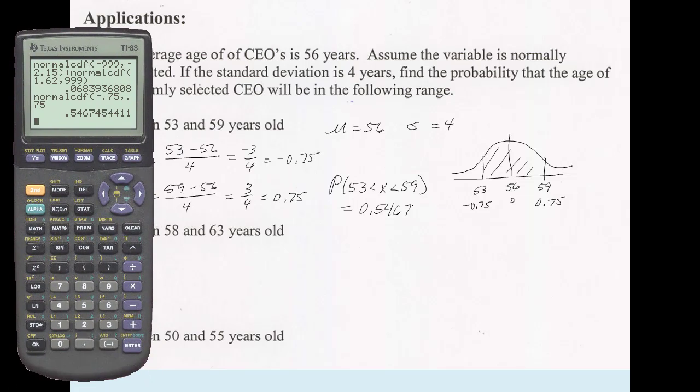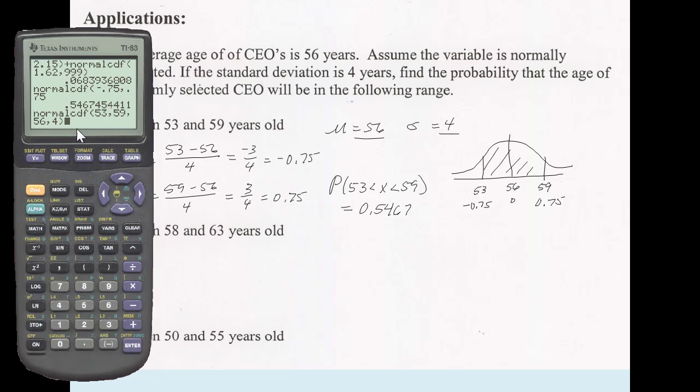There is another way to use the calculator to do this, and you could also use the table. Another way is second distribution. We're going to compare the answers. I put in my lower bound, which is 53, and my upper bound, which is 59. Because this normal CDF defaults to a mean of 0 and a standard deviation of 1, I force it to use the mean and standard deviation as given in the problem, so 56, comma 4.